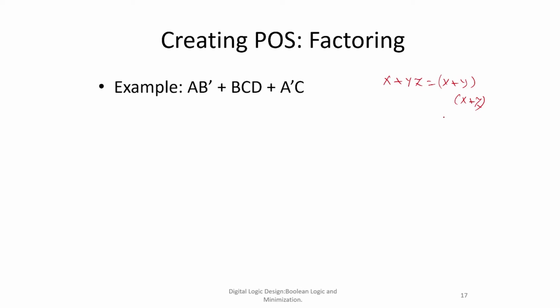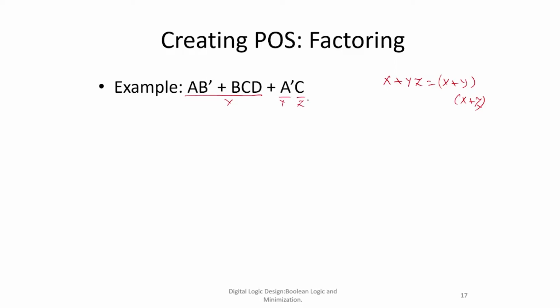Now let us say if I want to do factoring, what will I keep as x, what will I keep as y? These things are a little bit tricky, but we can take any of them. So let us say we take this whole as x, this as y, and this as z.